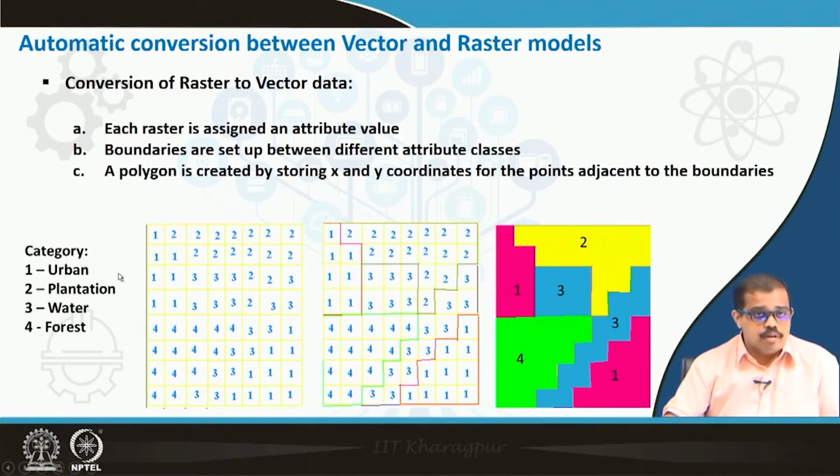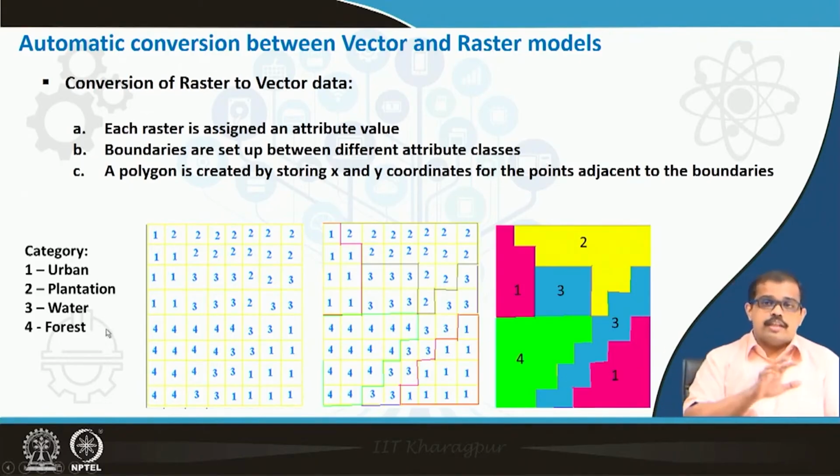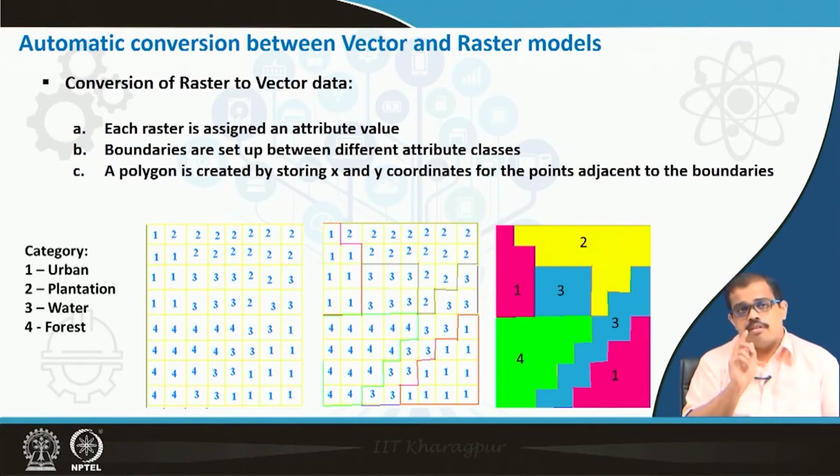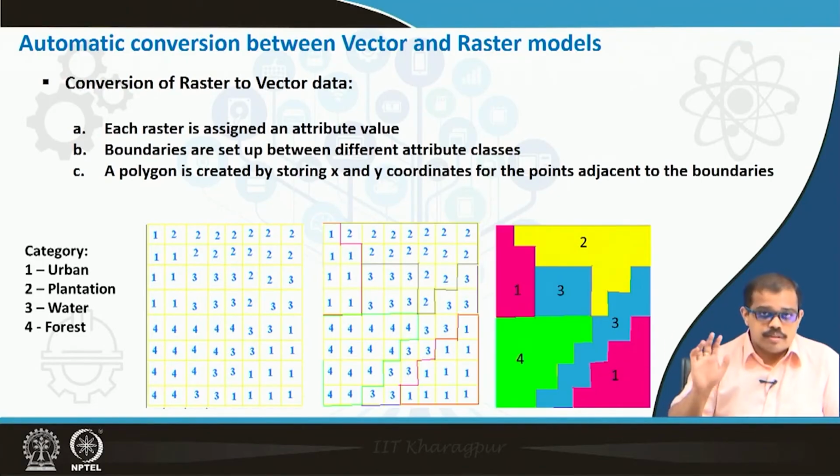Let us say we have 4 land use classes: urban, plantation, water, and forest. Please keep this in mind, because many people go wrong when converting from raster to vector and vector to raster. So, please listen carefully.